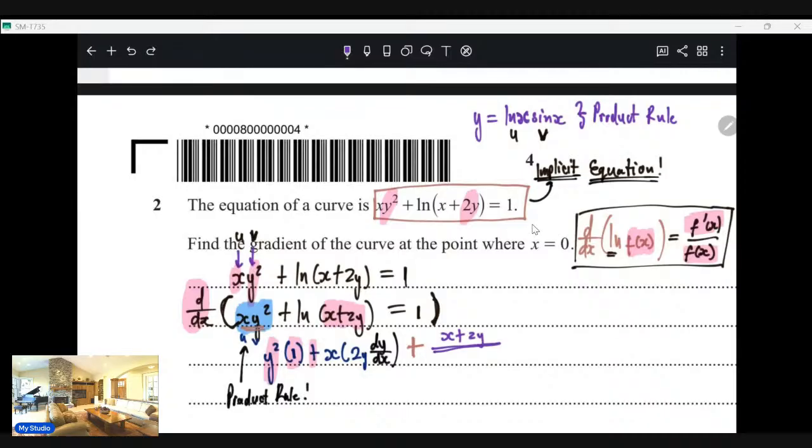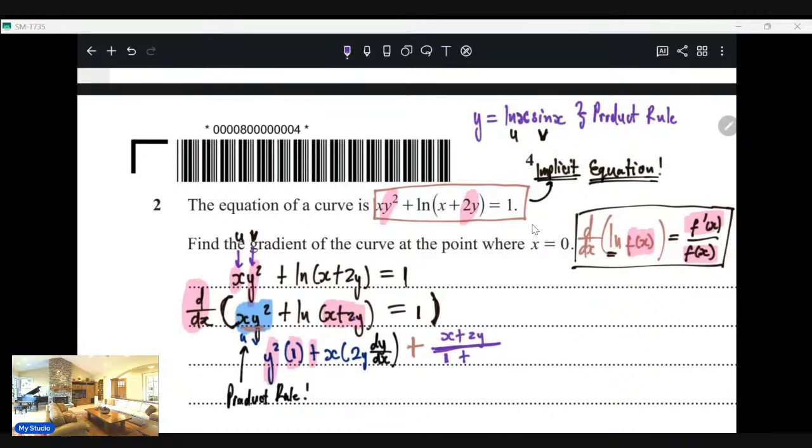We ignore ln. ln is now gone. We bring it back, then we divide by the derivative of itself. Let's differentiate x plus 2y. We start by differentiating the x. It's easy to differentiate things that are adding. You differentiate the x, you get a 1. Plus, now you differentiate 2y.